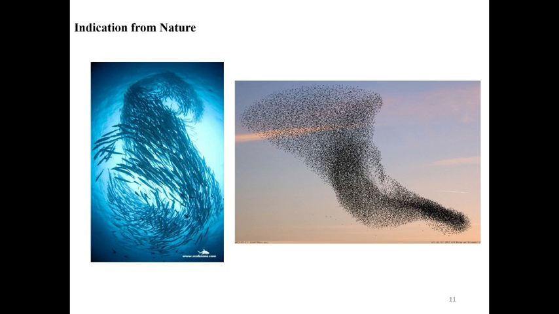But here I want to mention that if you scale down the size of those individual birds or fish to a nanometer or angstrom scale, you can think of them as molecules. Molecules also have such an ability, and we know that is because of the interaction between molecules, for example the van der Waals force.